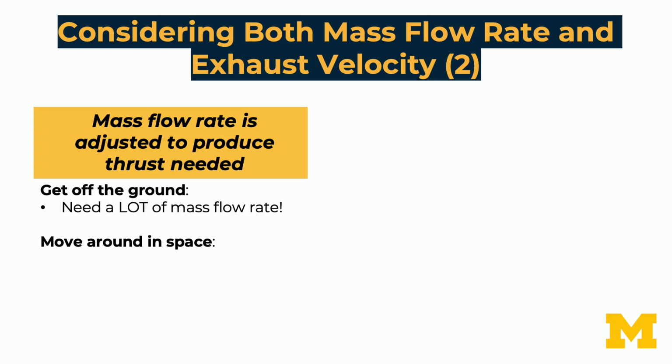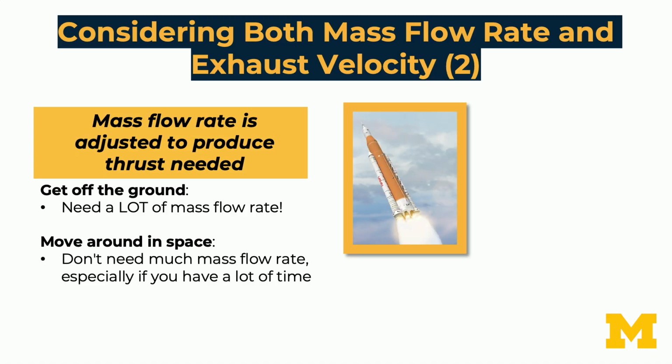To move around in space, though, we don't need very much mass flow rate, especially if we have a lot of time. And so what we often do is use really powerful engines with huge mass flow rates to get off the ground. But then we use smaller engines to move around in space because we've got a lot more time. And so we can use something that doesn't necessarily have as much mass flow rate.